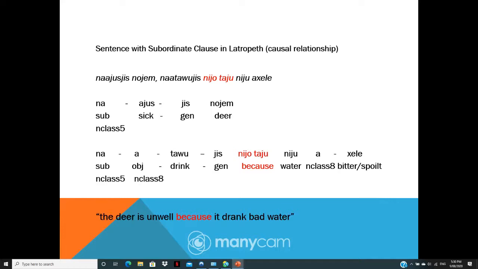Okay, na ya tabu yis nijo taju nijo wa ele. Okay, because it drank bad water, bitter or spoilt water. So the deer is unwell because it drank bitter or spoilt water. You may notice that I flit between the present and past tense when I'm translating these. It's more the context in these sentences that's telling you what the tense is, whether it's present or past. It could be either one.